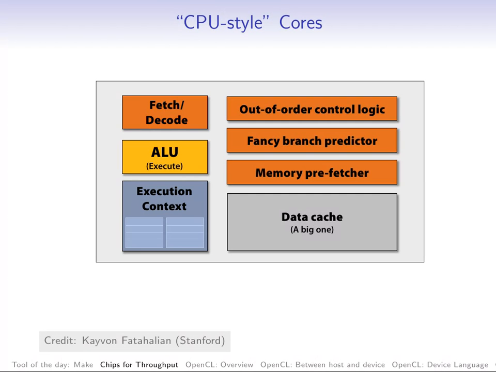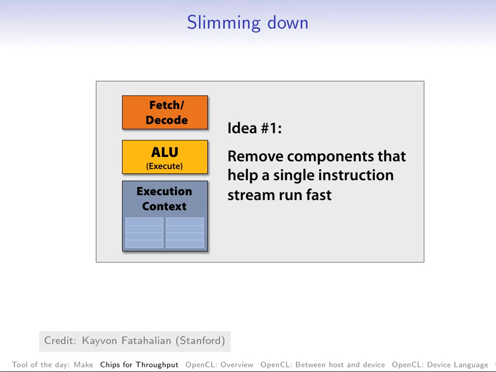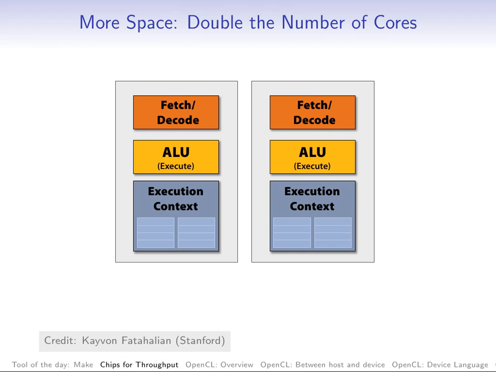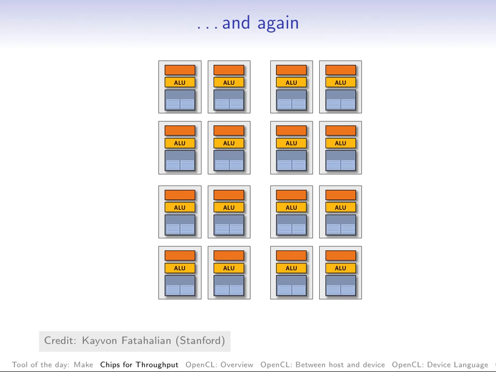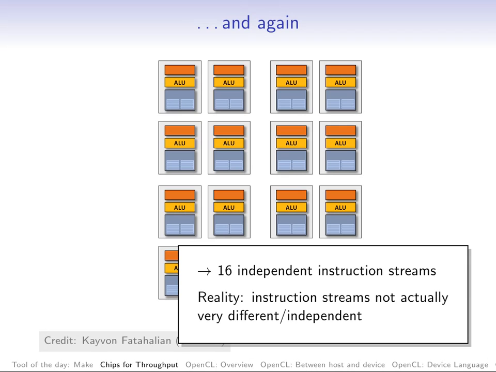Right. So junk, junk, junk, junk, and more junk. Get rid of it. That means we've suddenly got way more space on the die, and we can put way more execution cores. And that, for example, would give us 16 independent cores, and thereby we could execute 16 independent things.